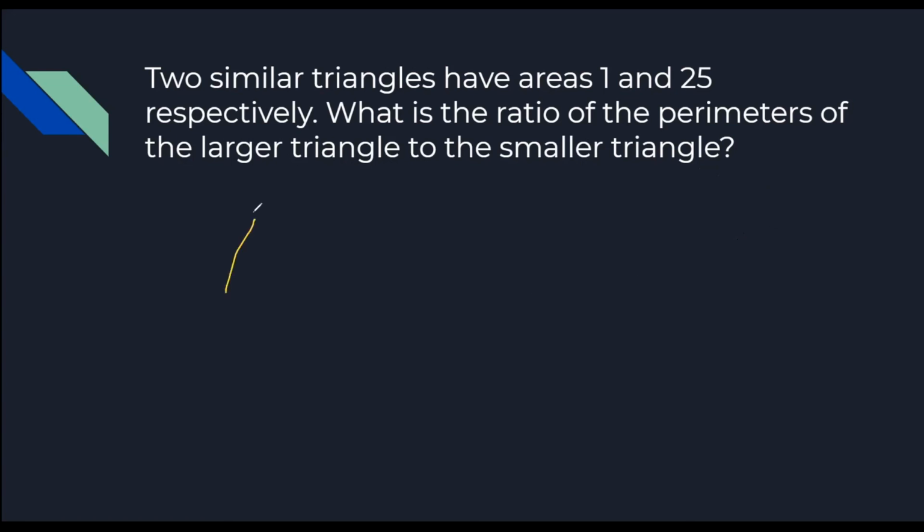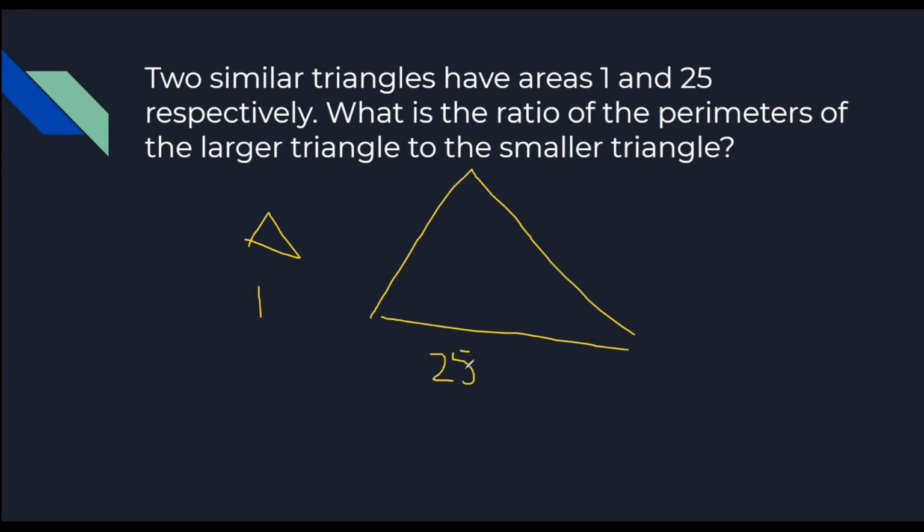When we draw the 2 triangles, let's say we have one triangle like this, another triangle like that. This is area 1, this is area 25. 1 to 5. Yes, so the ratio of the larger to the smaller would be 5 to 1, okay? Because, for example, let's say the larger triangle has base 5b and height 5h.